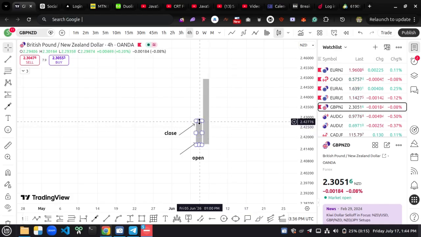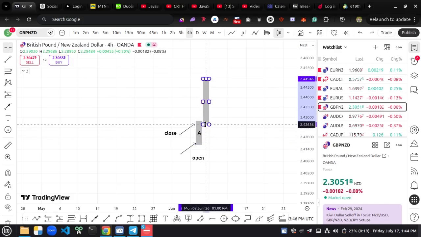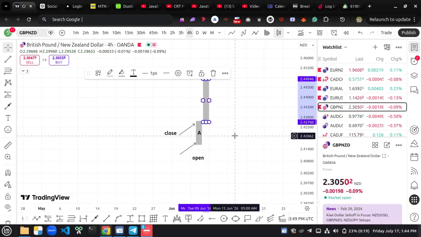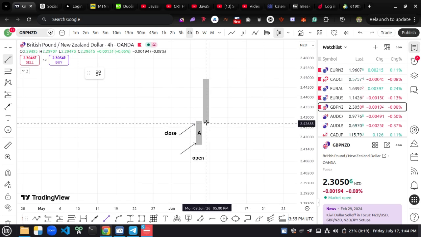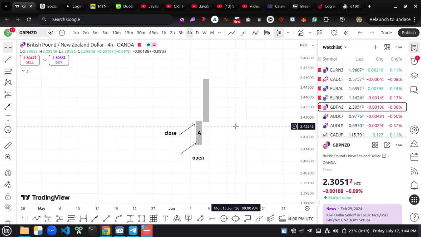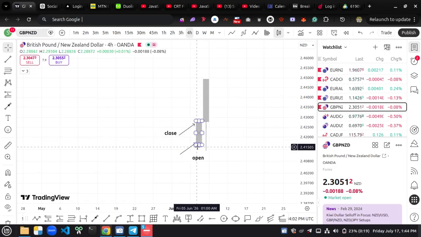Now if price closes here, and then opens at this point, let me make it 3 there. I was just going to give 2 before, but price opens here, closes at this point, and this is candle B. What kind of candle is this?